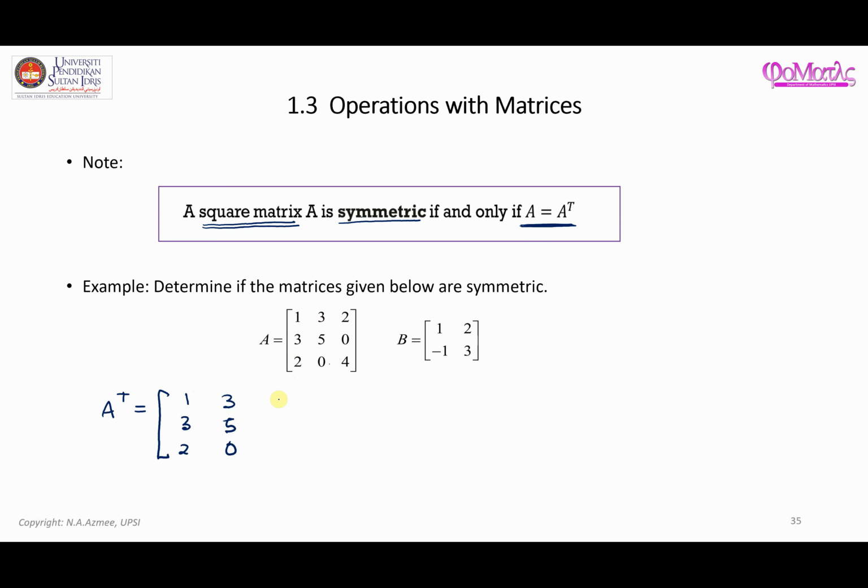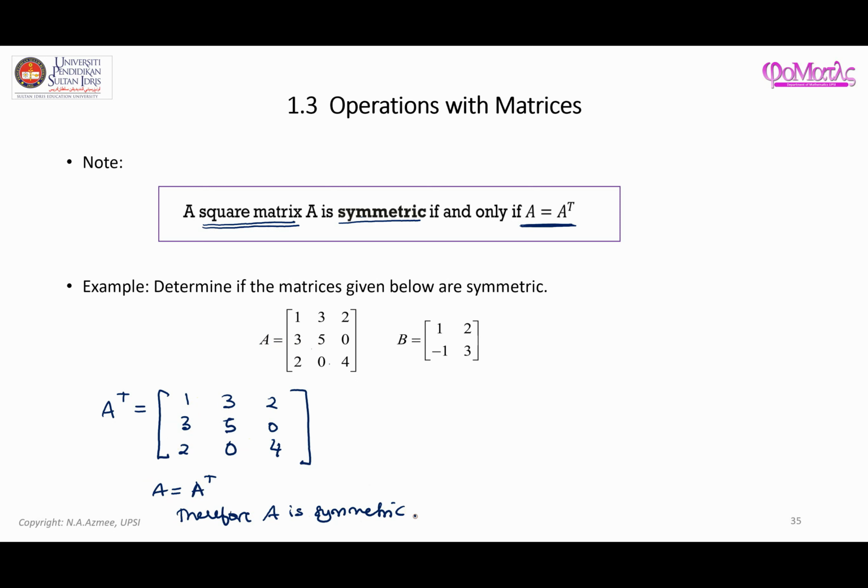Third row, third column. And clearly you can see that the result of it is the same as the original matrix. So here we can see that A is equal to A transpose. Therefore, A is symmetric.